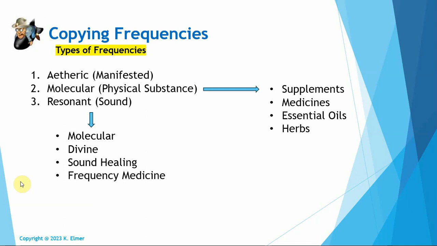Now, the ones that us mere mortals tinker around with are the other ones. The second type of frequency is a molecular frequency, which is the frequency of a physical substance. This is traditional physics. If you go on YouTube and type in molecular frequencies, you'll get thousands of pages of physics with all the calculations for what the frequency of any molecular or atomic substance might be.